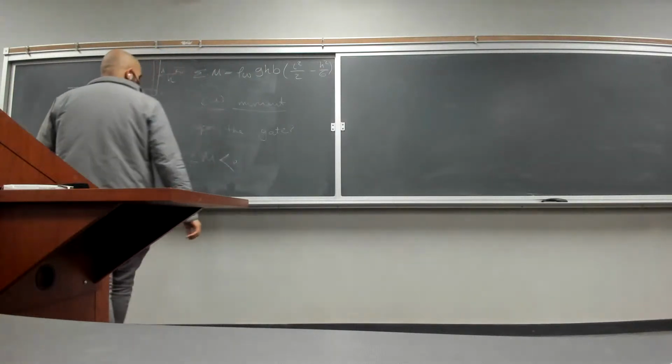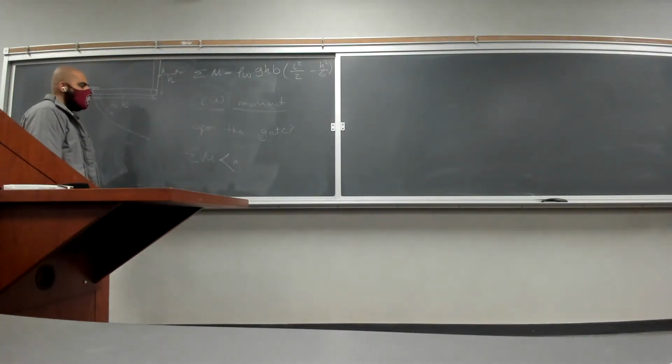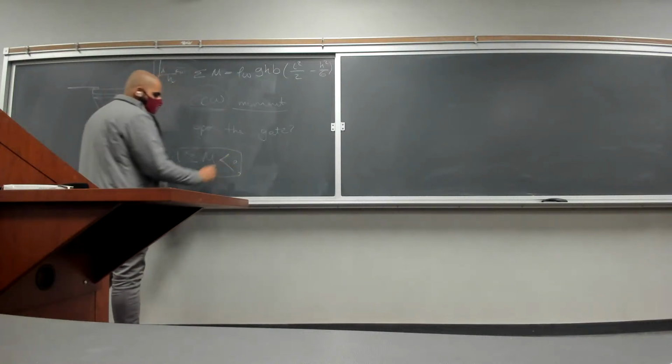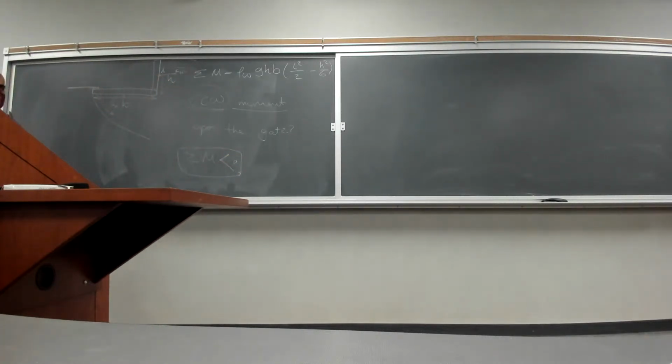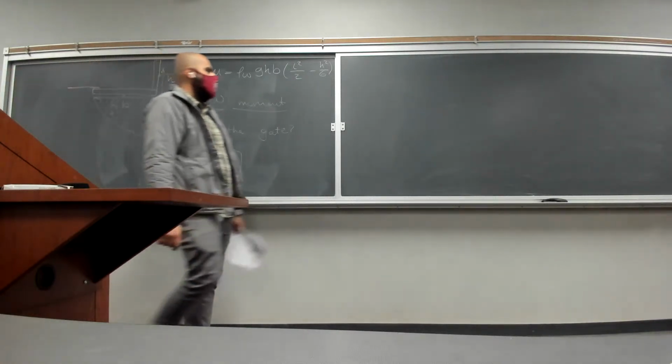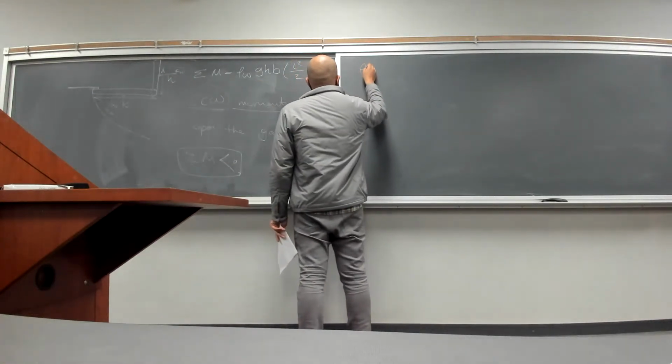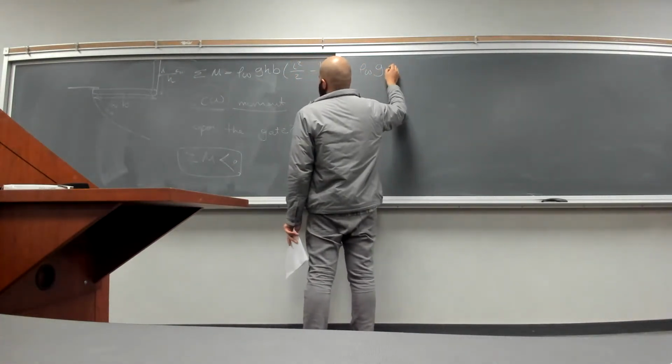Okay, so we just have to find a condition for which total moments are smaller than 0, negative. We already have the equation. This equation has to be smaller than 0.